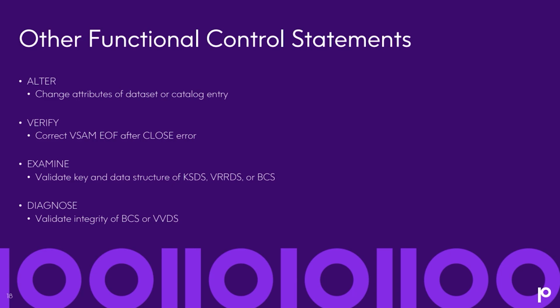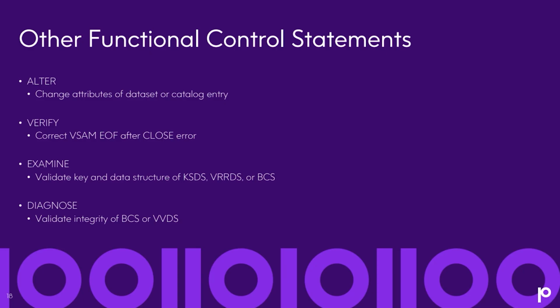There's a couple of others that are less commonly used. Verify, one might run if there's been a failure to close a VSAM data set in some way. You can have trash left in the catalog entry. So it's not uncommon to run a verify, particularly if a job step fails, there might be a verify step to make sure that the VSAM data set's closed correctly.